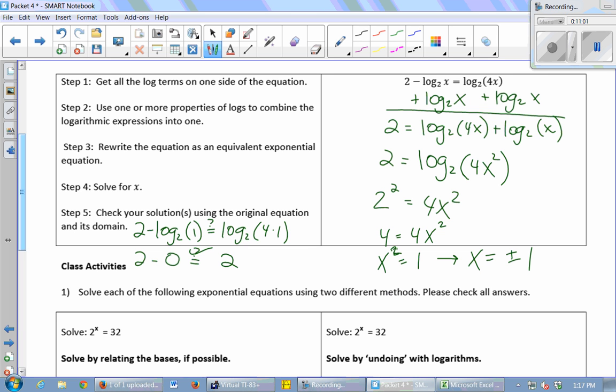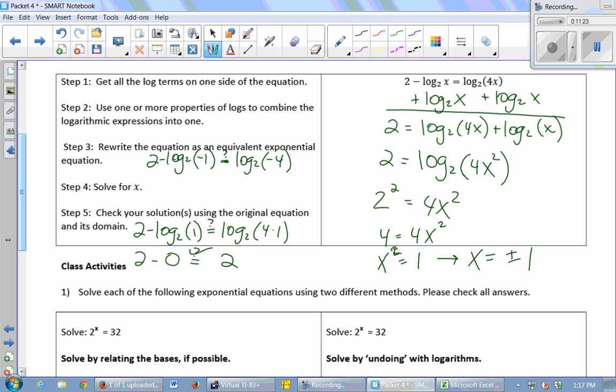But now I also have to check for negative 1. I'm just going to put it up here. 2 minus log base 2 of putting in negative 1 for x. Does that equal log base 2 of negative 4? Log base 2 of negative 1.